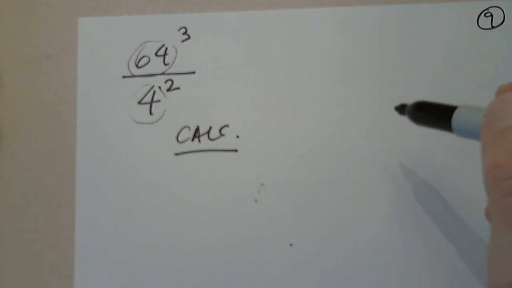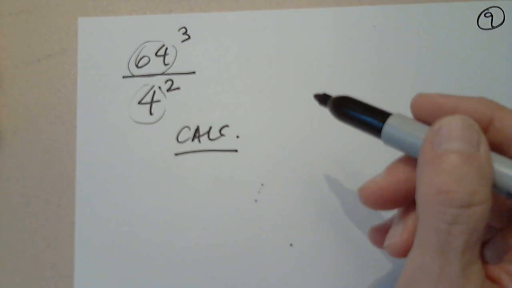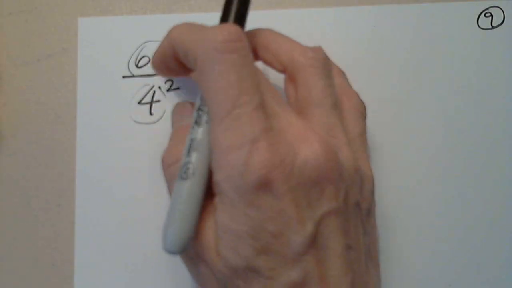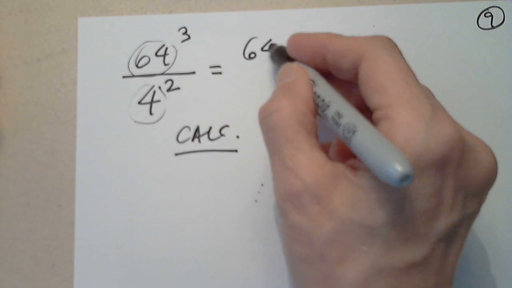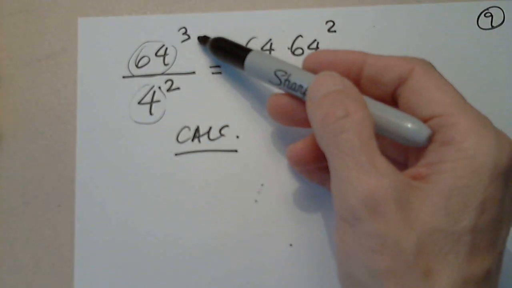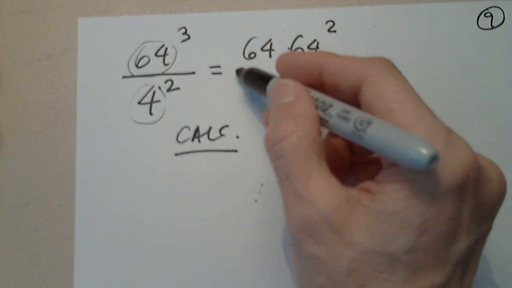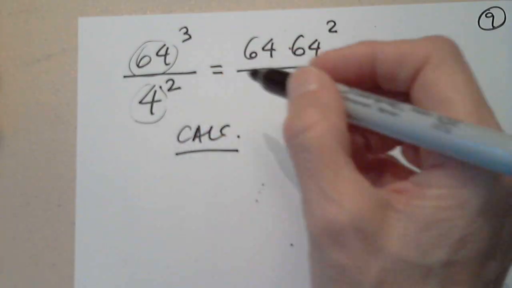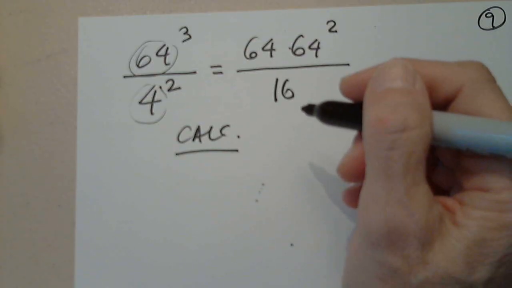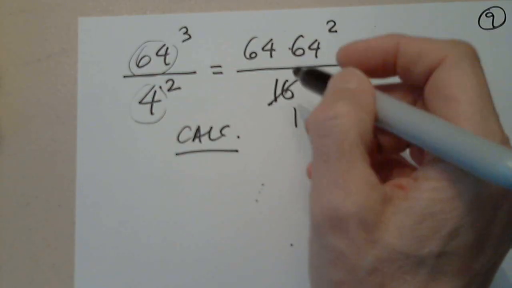You cannot copy something and subtract the exponents. That's not possible. One option would be 64 to the third is 64 times 64 squared. 2 plus 1 is 3. The denominator, I know that 4 squared is 16. I am allowed to simplify factors, and I'll simplify by 4.